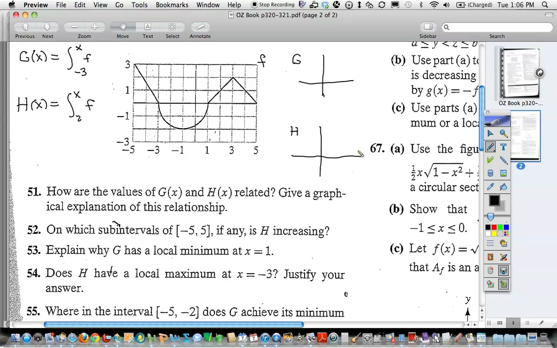Then add -1. It's still decreasing, right? And then add 1. So it's just from negative to positive again. And then 3.